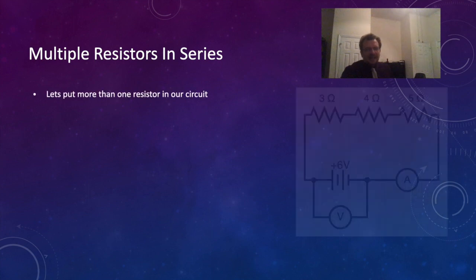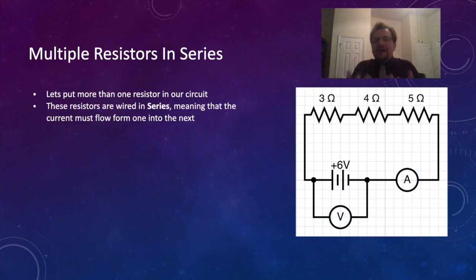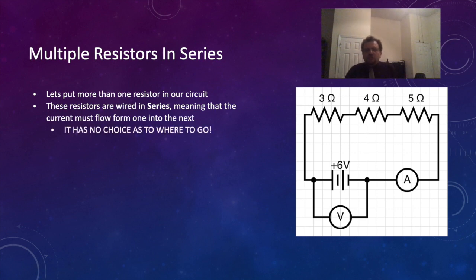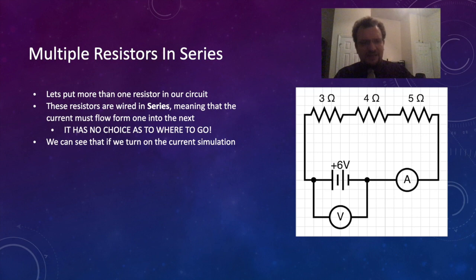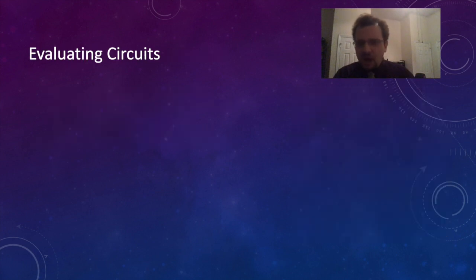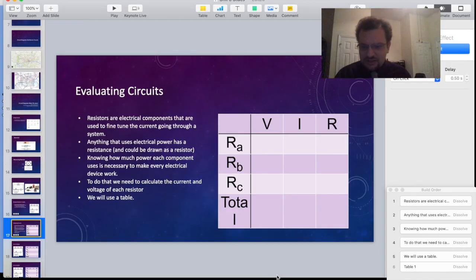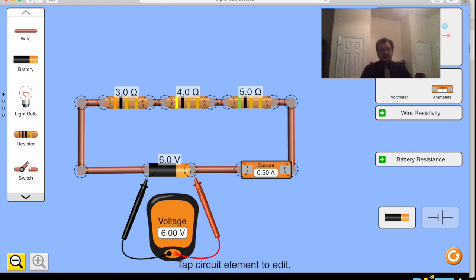All right, so here they're wired in series, which means that the current must flow from one resistor into the next. The current has no choice as to where to go. And we can see this if we turn this on in the simulation over on the other screen. So here we can see this if we turn on the current.